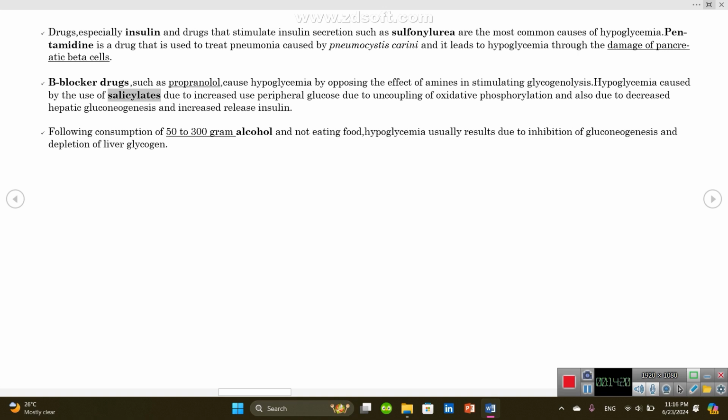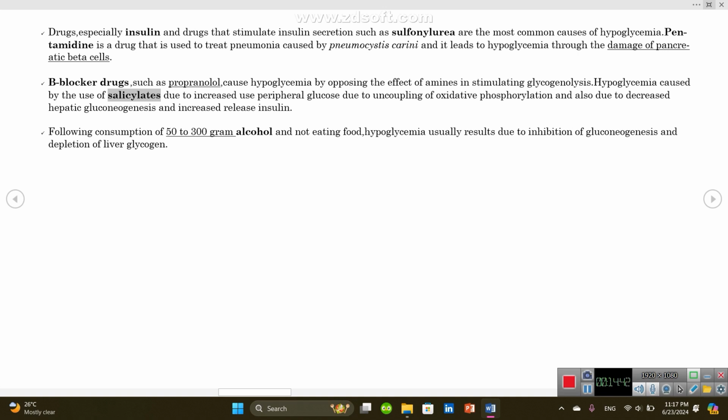It is familiar to us because one of the most common salicylates is aspirin. Salicylates cause increased peripheral glucose use due to uncoupling of oxidative phosphorylation, and also decreased hepatic gluconeogenesis and increased insulin release.